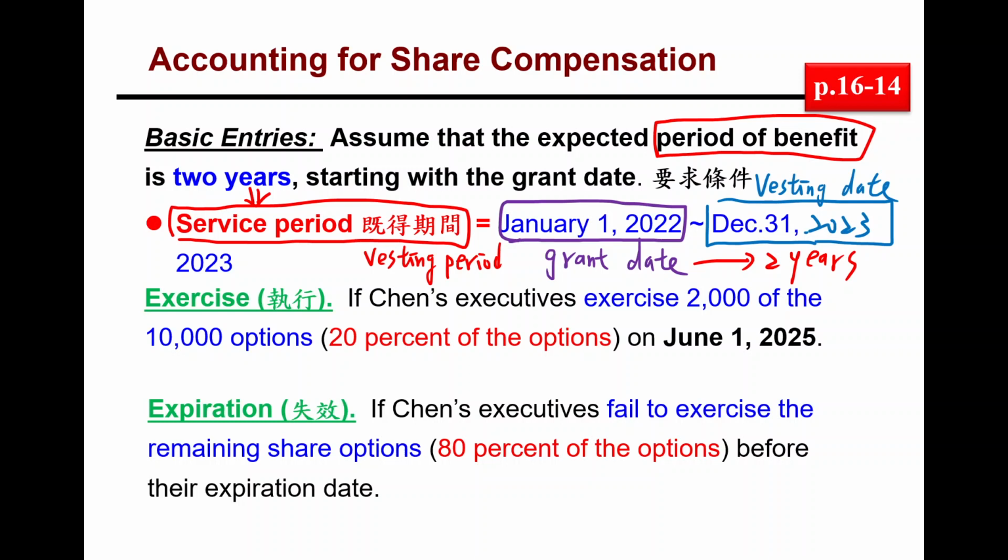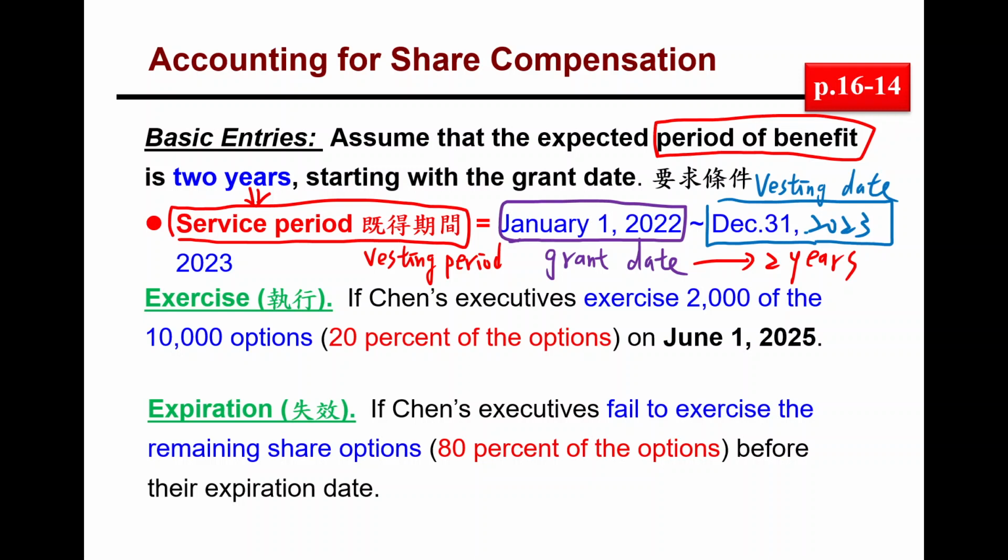So after the vesting date, employees really earn the right. Since they earn the right after the vesting date, all decisions are on the employees. They have case one, they want to exercise it, or case two, they decide to give up the right.